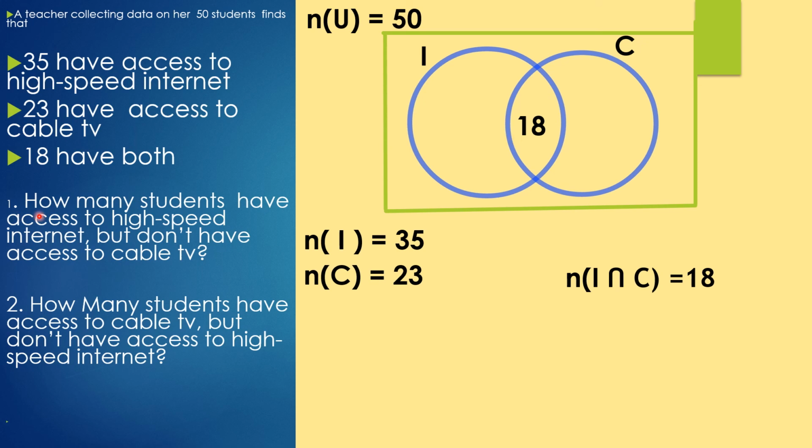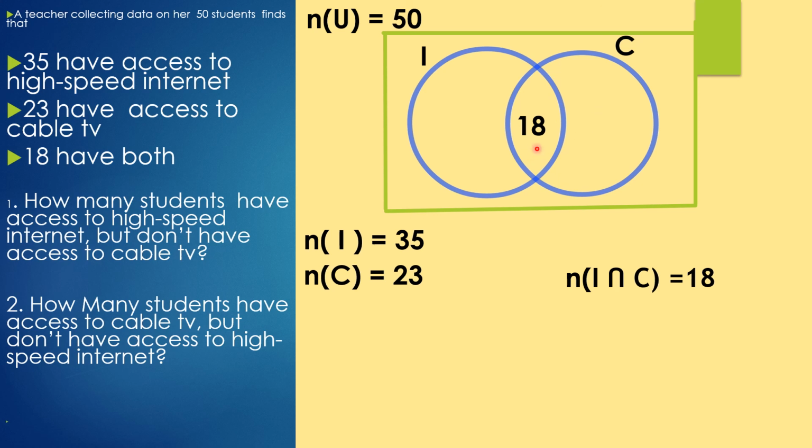And then, answer question number 1. How many students have access to high-speed internet but don't have access to cable TV? So how are we going to answer that? Students who have access to high-speed internet but don't have access to cable TV. These 18 students here, they have access to internet, but also they have access to cable TV.